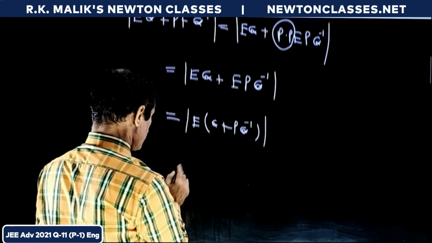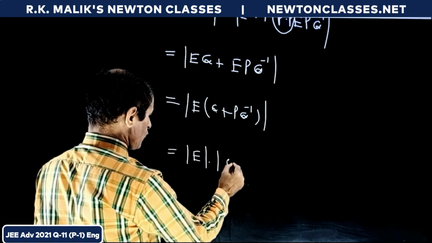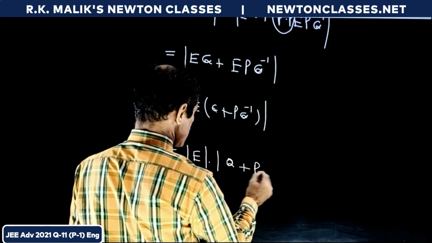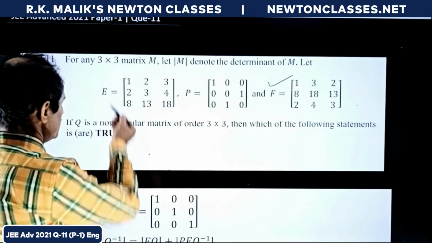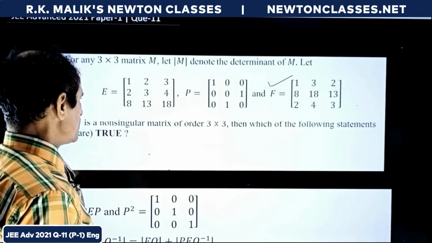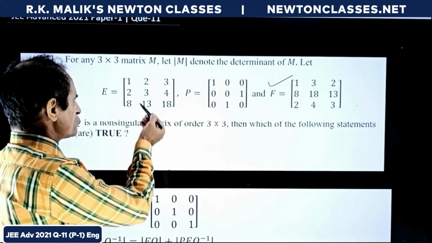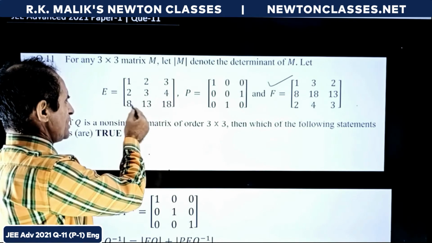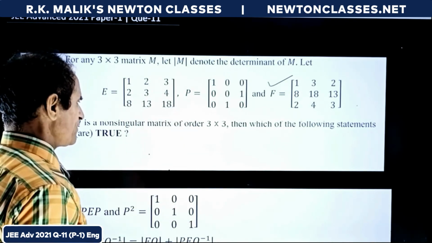That is determinant of E into determinant of Q plus PQ inverse. Determinant of E is clearly 0 because it is easy to see 1, 2, 3, 2, 3, 4, 8, 13, 18. All these three numbers are in AP.